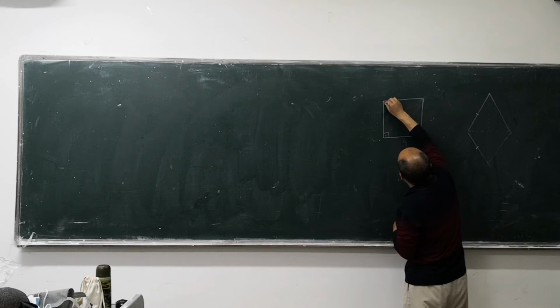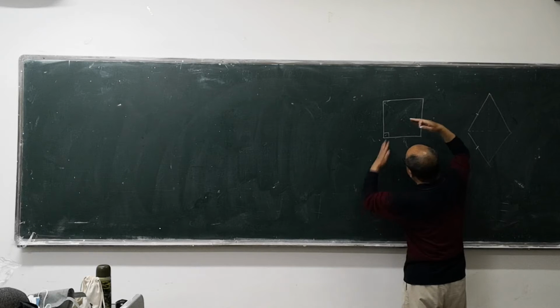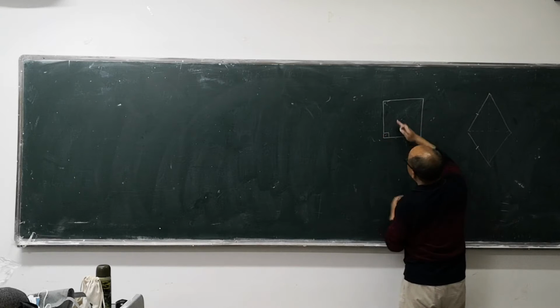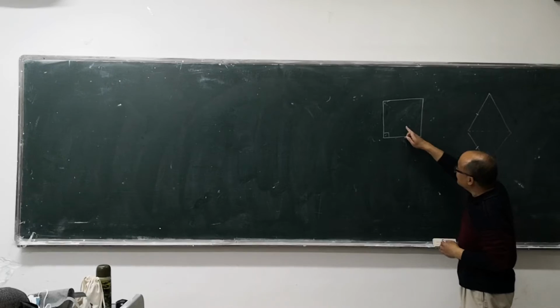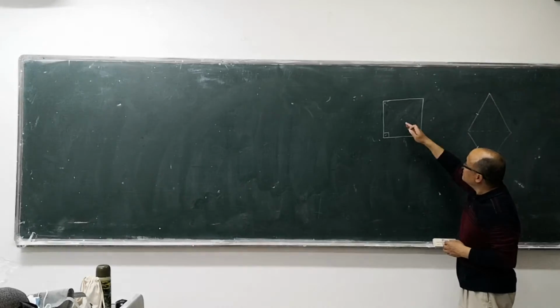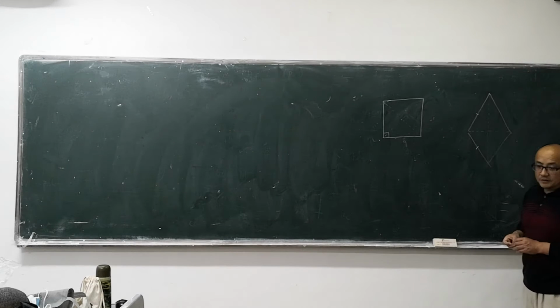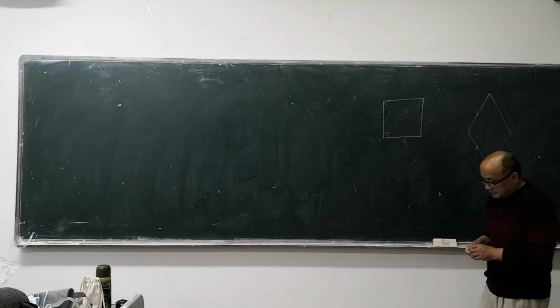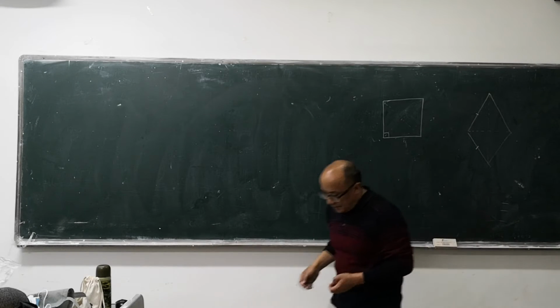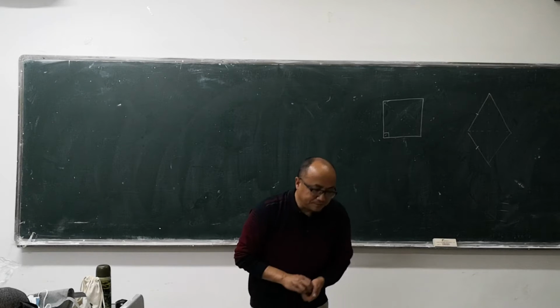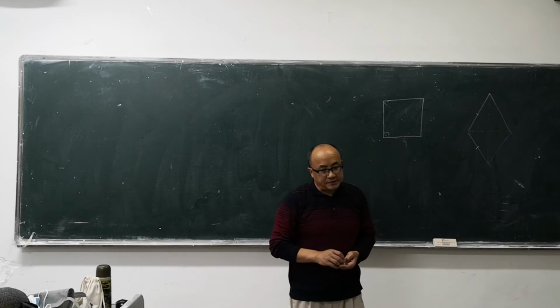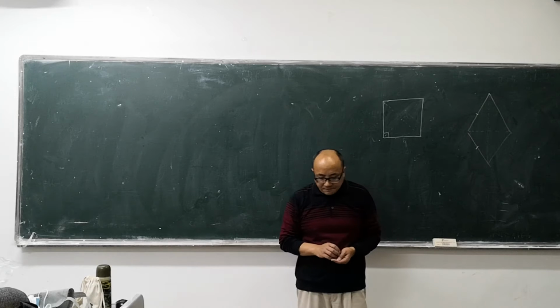Does that look vertical? Looks vertical to me. Does that look vertical? And how to prove the two are vertical? By using the vector. By using vector.